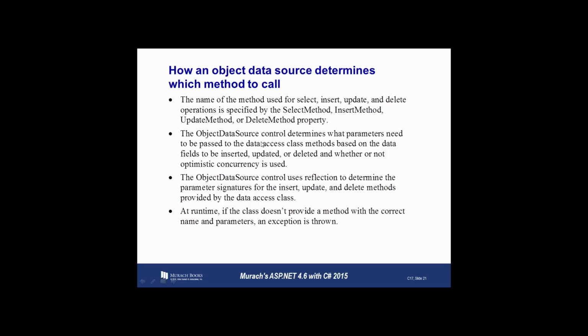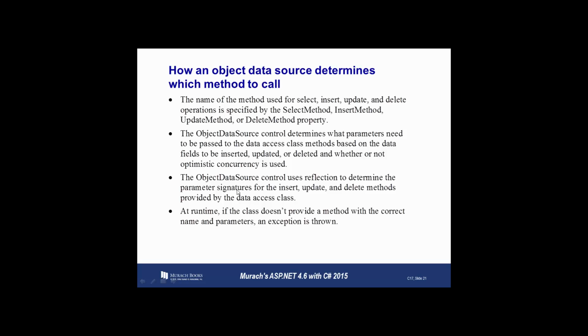The object data source control will use what's called reflection. And this is the third bullet down here. Essentially, reflection is a way that you can get details, in other words, what's the method name and what's its parameter list, to be able to tell what methods are available for use.